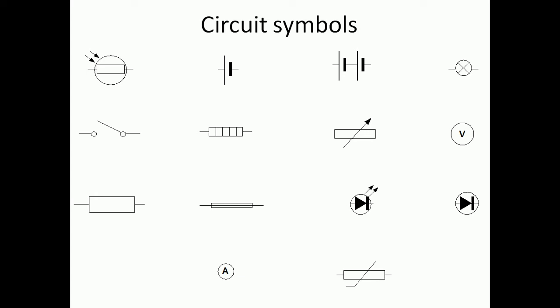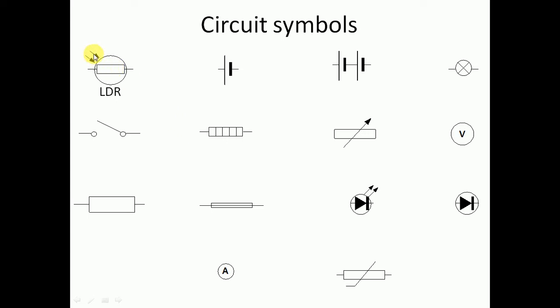So start off with, we have an LDR, and an LDR stands for a light dependent resistor, and it is a resistor, as we can see, because it is a rectangular box with nothing inside. So we know it is a resistor, and these two lines, or should I say arrows, represent light, and light's going into the resistor, therefore it is a light dependent resistor.